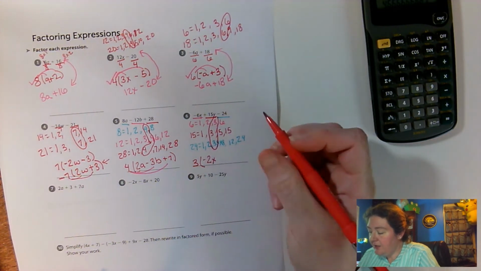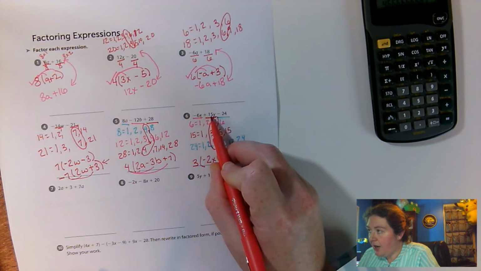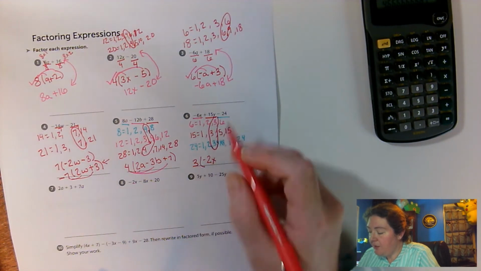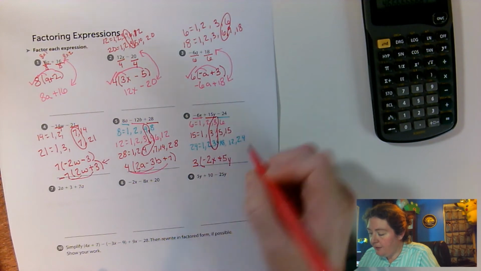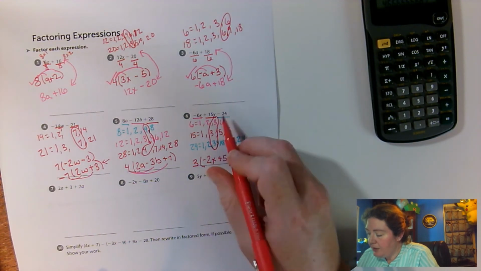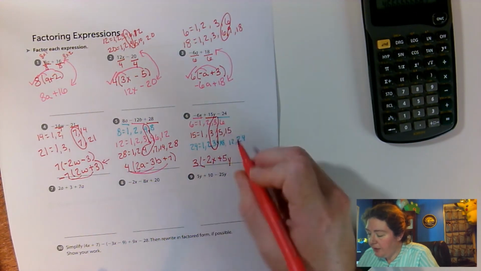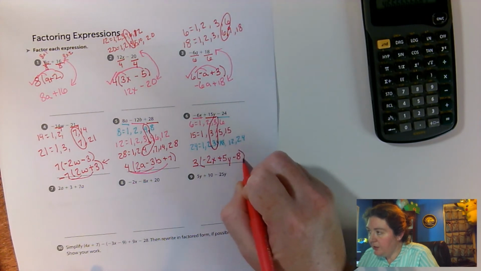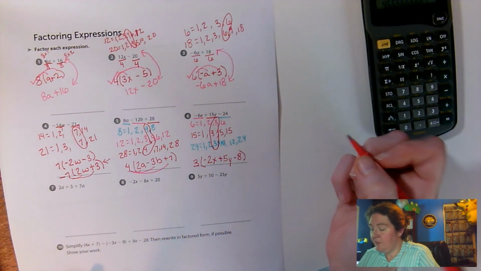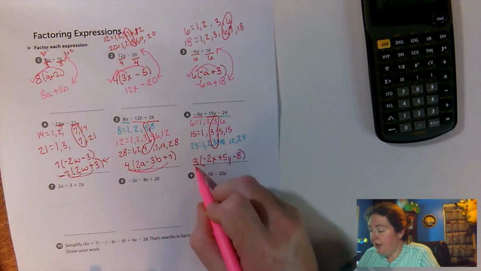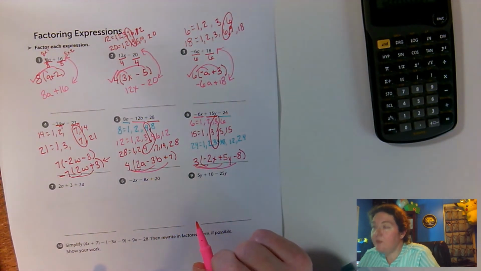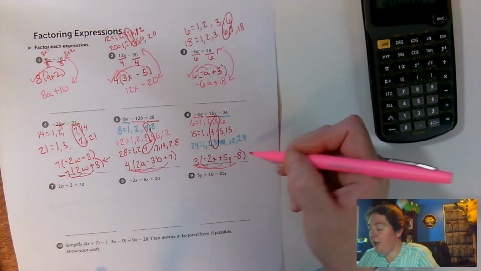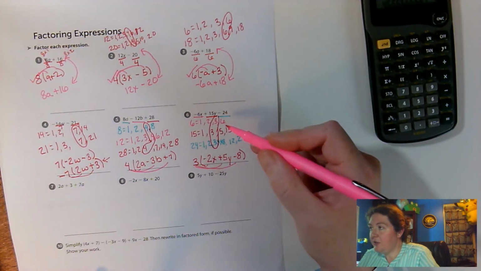Can't forget its last name. 15y divided by 3 gives me positive 5y. Negative 24 divided by 3 gives me negative 8. And if I wanted to, I could go back and multiply these out, distribute, use steak dinner, and I would get exactly the same answer, and I would know that I'm right.